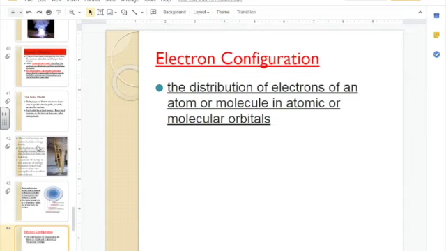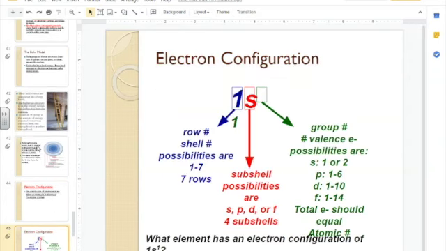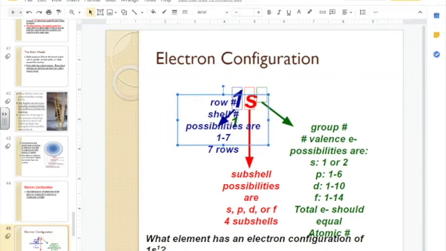Electron configuration is the distribution of electrons of an atom or molecule in atomic or molecular orbitals. And we'll talk about what that means in just a second. So here we have what the electron configuration looks like.